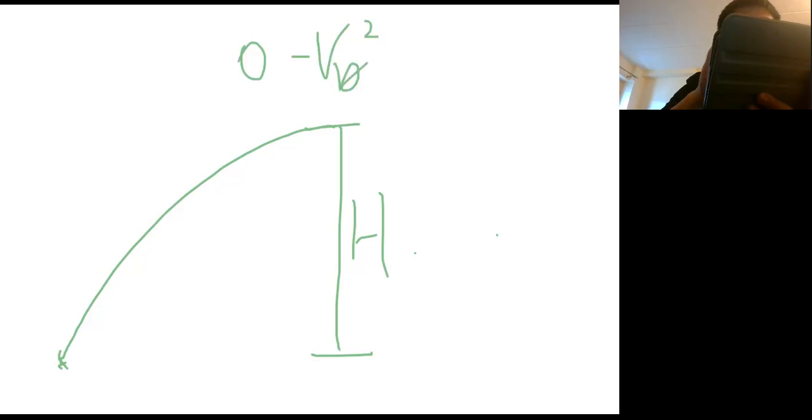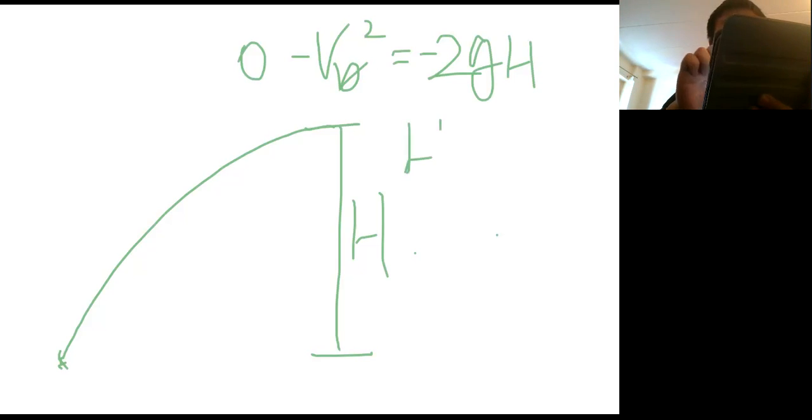Then we go to the first motion, from the lowest part to the highest part. As there are no other forces in the vertical direction other than gravity, 0 minus Vy squared equals minus 2gh. Since g is in the opposite direction of the velocity, I put the minus 2g.